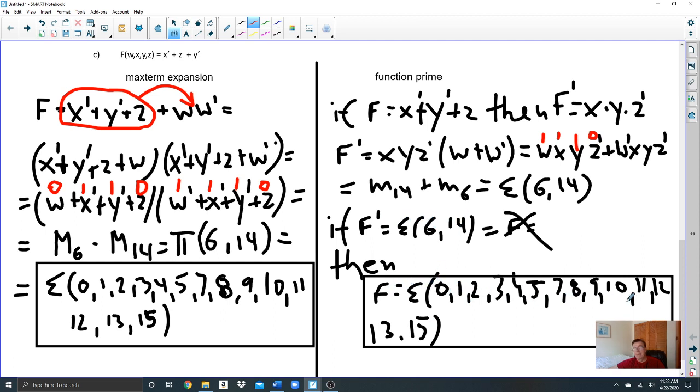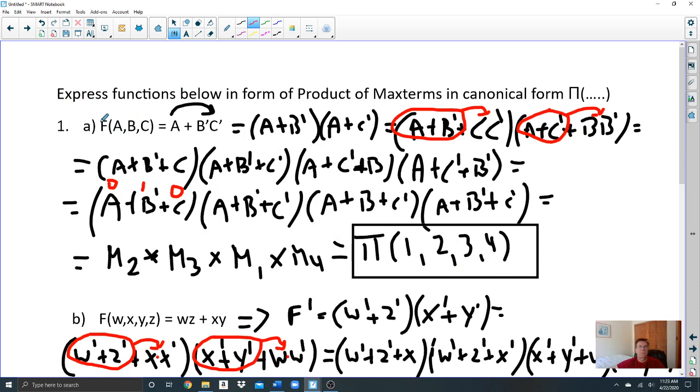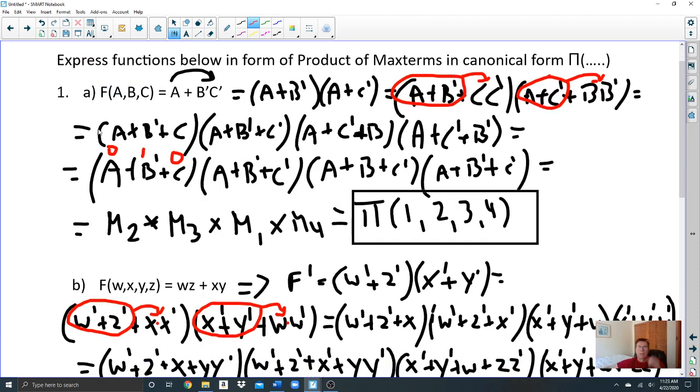F has every other minterm except 6 and 14. And as you see, those two answers match. We did maxterm expansion and got this answer. We primed the function, got the minterms and did the minterm expansion, and we got the same answer. All right. So let's look at how to do product of maxterms.